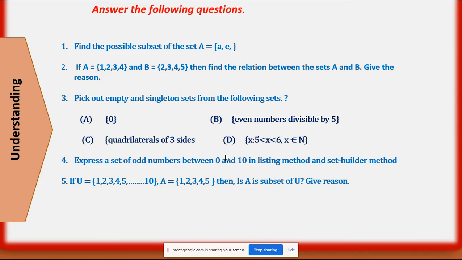Then I will stop my presentation and we may discuss informally after the class. Dear students, first complete this assignment.